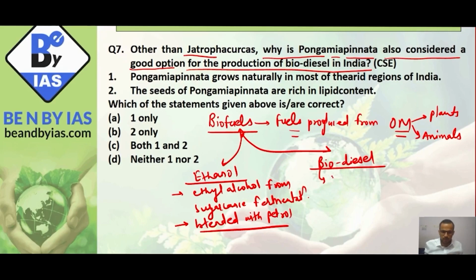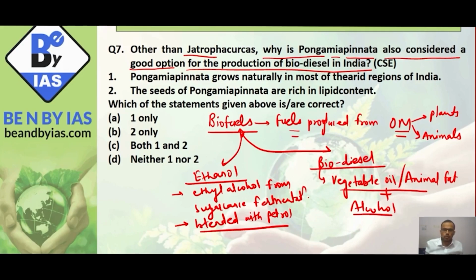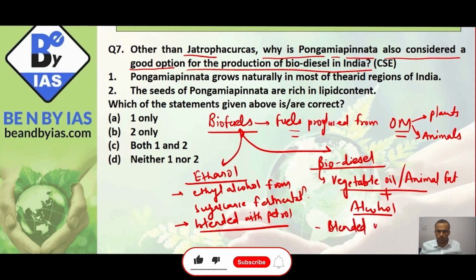So when we combine vegetable oil or animal fat with alcohol, then whatever solution is produced is nothing but biodiesel, and biodiesel is blended with diesel.